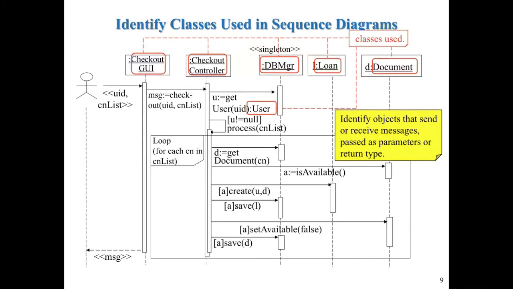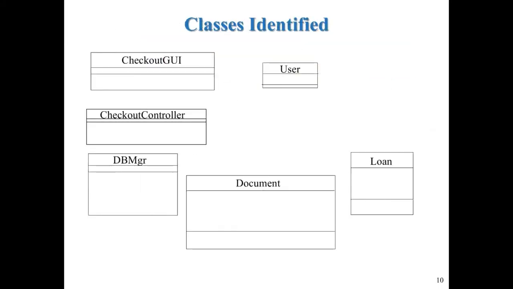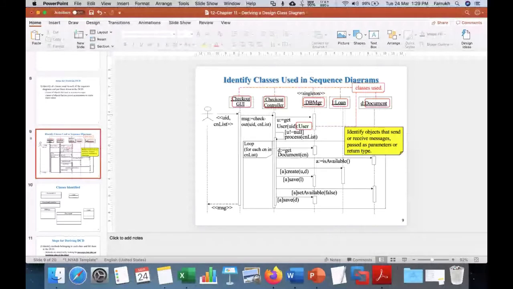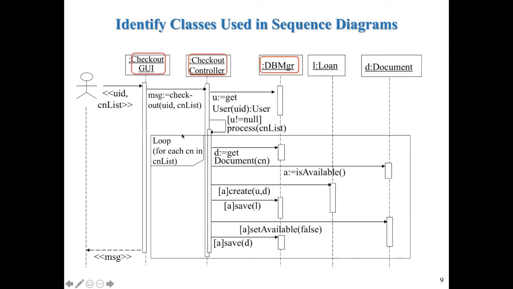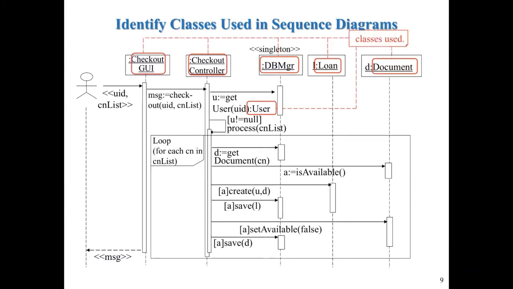From these, we can make our classes for the design class diagram. These are the classes that we identified from our sequence diagram, which I represented in this figure with the red rectangles. These are all identified in our next step.